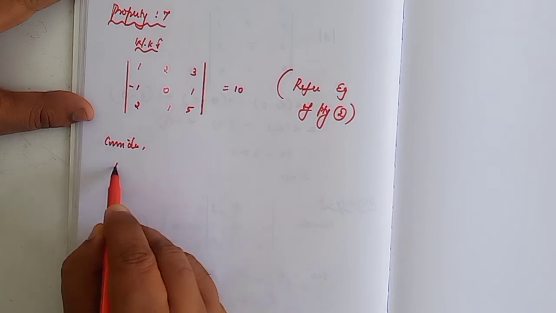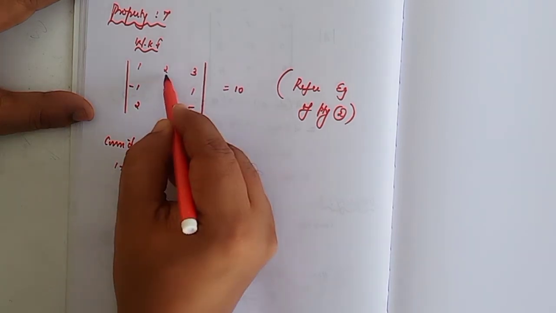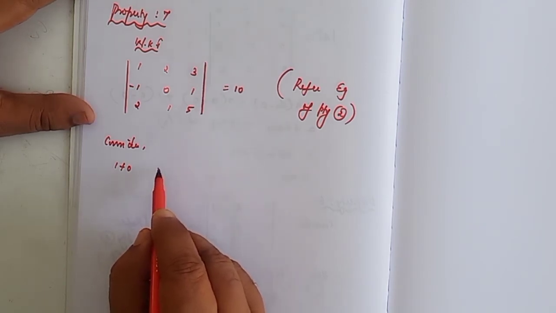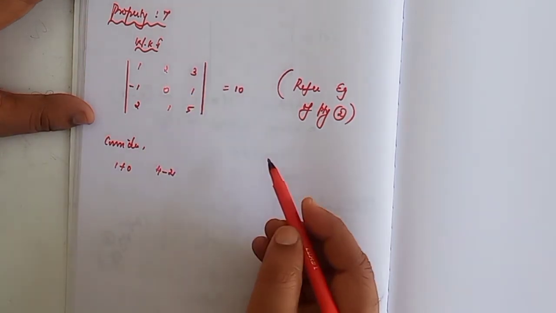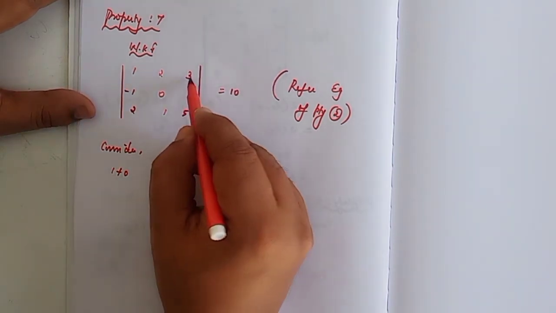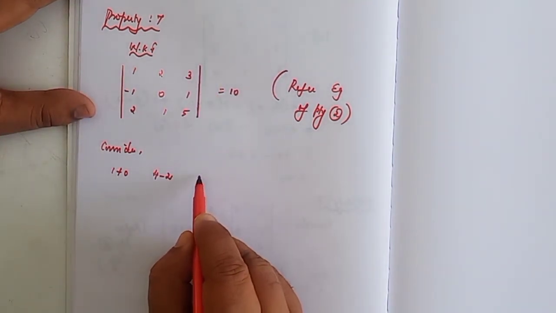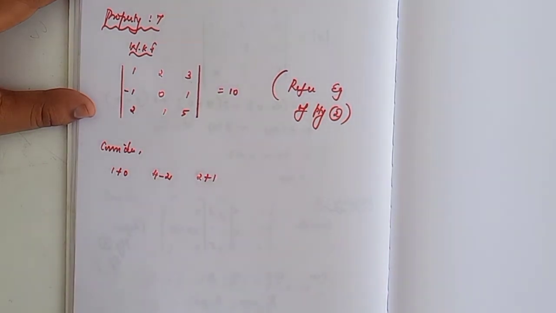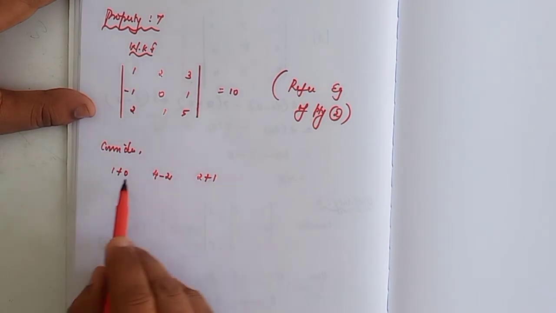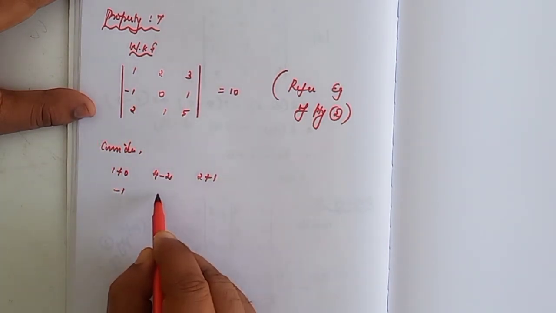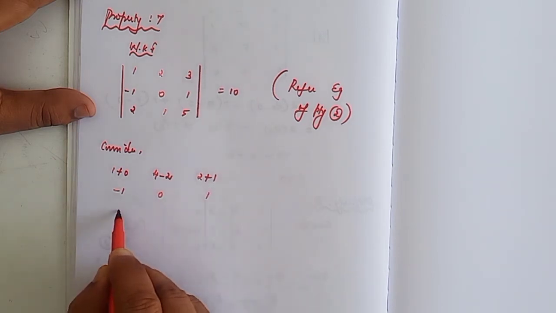I am writing that is 1 plus 0. 2 we can write 5 minus 3 or 4 minus 2, like that. I write 4 minus 2. We need 2. Any format you can write, addition or subtraction. 3 itself you can write 2 plus 1 or 3 minus 0 or 5 minus 2, like that you can write. Just I am changing that first row only, and second row and third row written as it is, minus 1, 0, 1, 2, 1, 5.